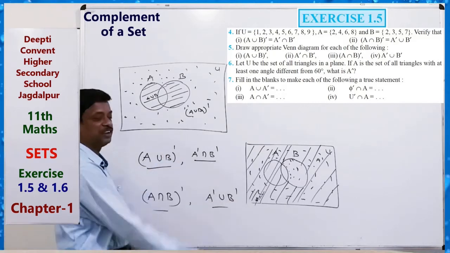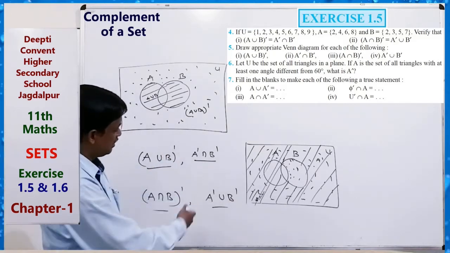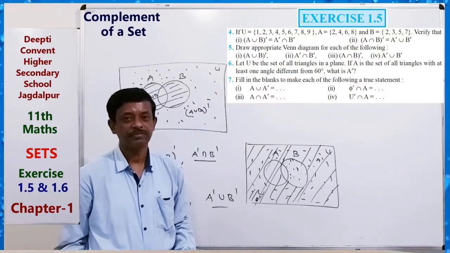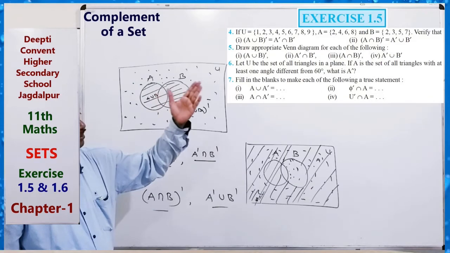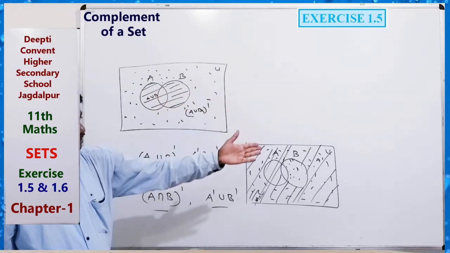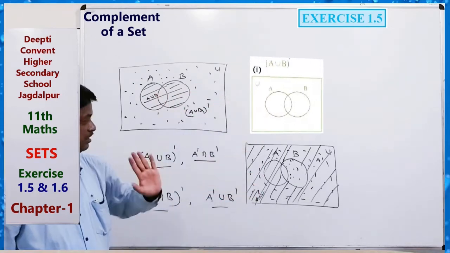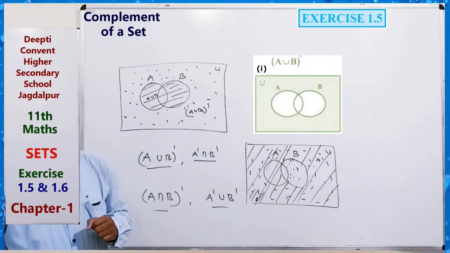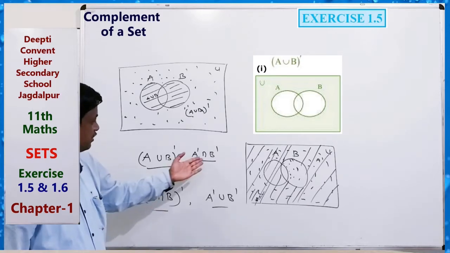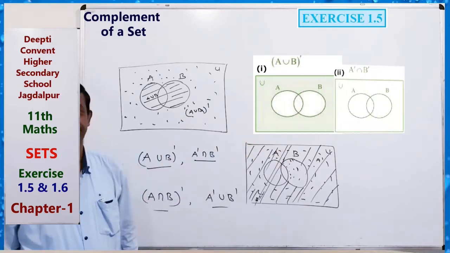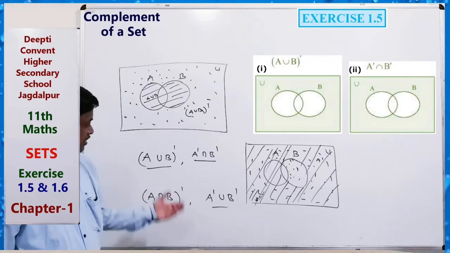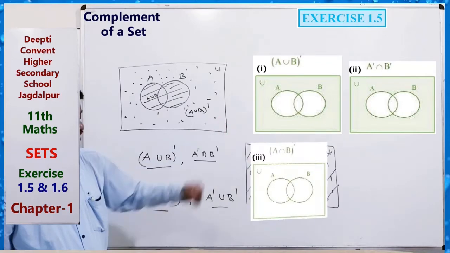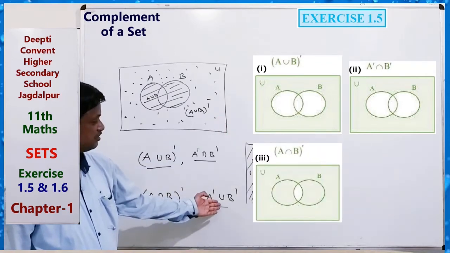So both are equal. So this is very clear from these four diagrams. See, for this first diagram, and for this second diagram, and for this third diagram, and you can see also the fourth diagram.